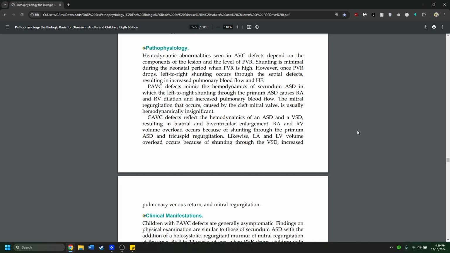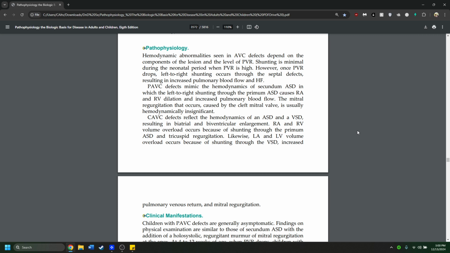The PAVC defects mimic the hemodynamics of secundum ASD, in which the left-to-right shunting through the primum ASD causes right atrial and right ventricular dilation and increased pulmonary blood flow. The mitral regurgitation that occurs, caused by the cleft mitral valve, is usually hemodynamically insignificant.